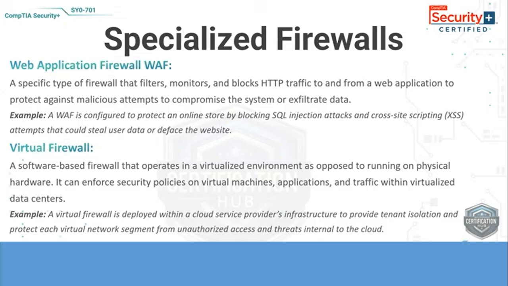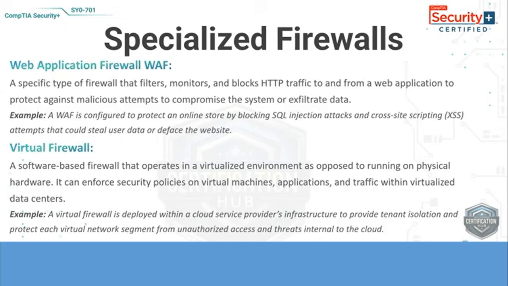Specialized firewalls. What are specialized firewalls? The first is the web application firewall, which is especially for web. A specific type of firewall that filters, monitors, and blocks HTTP traffic to and from a web application to protect against malicious attempts to compromise the system or exfiltrate data.